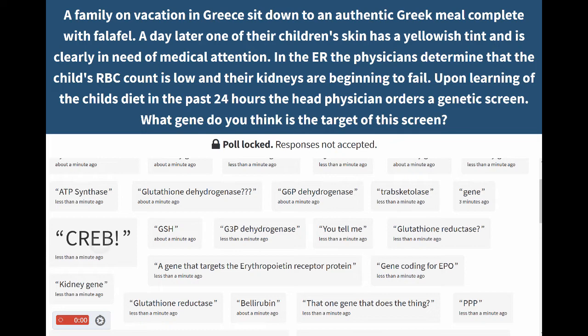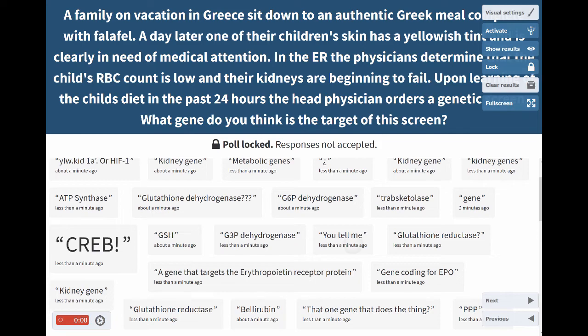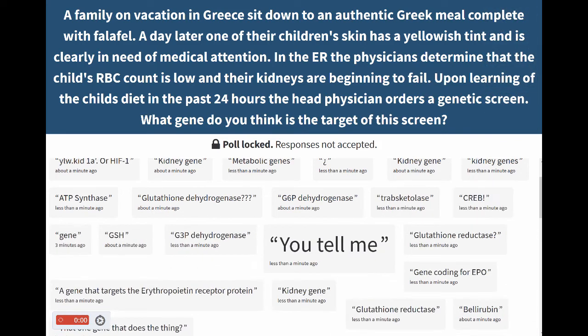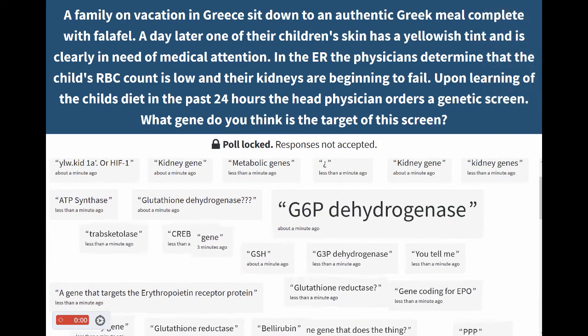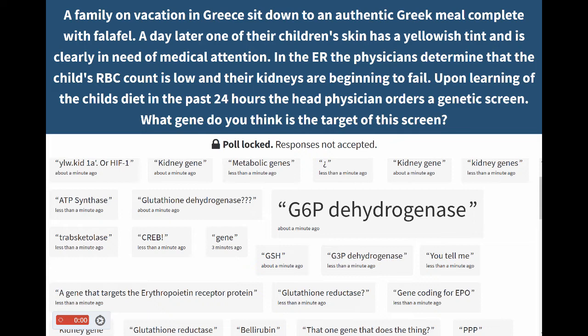CREB. Yes, because CREB. If you're taking BC463 right now, maybe CREB is just the everything gene, right? It just does everything, and so I'll just say CREB, and we'll go from there. Now, that's what I was looking for. Good effort. Glucose 6-phosphate dehydrogenase. That's the right answer.